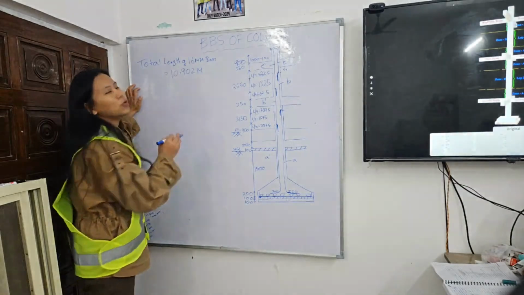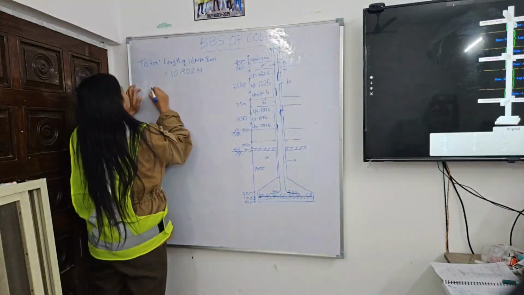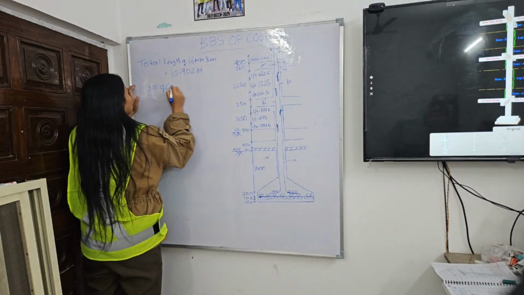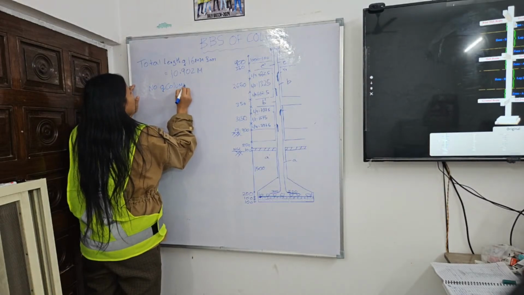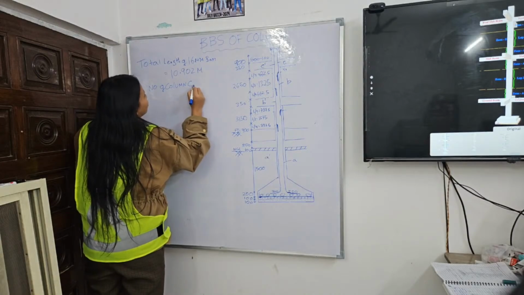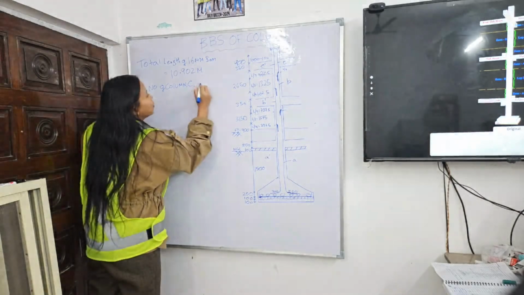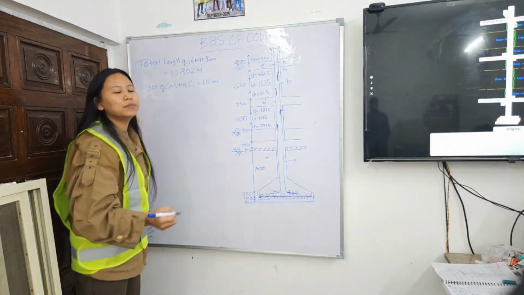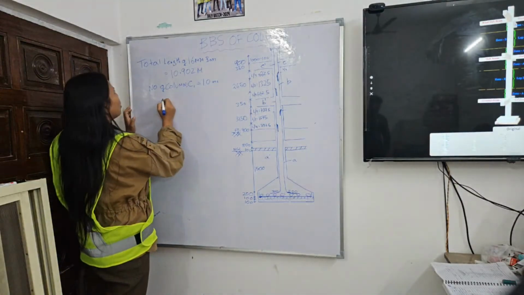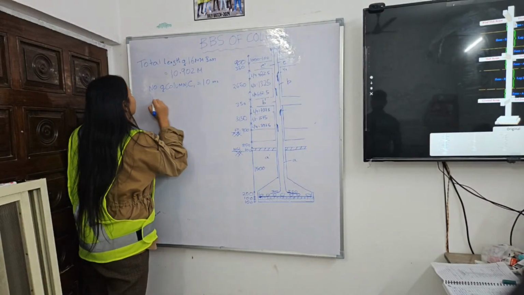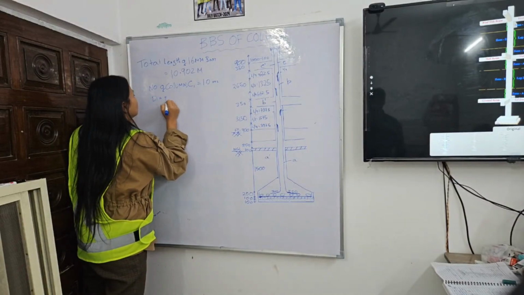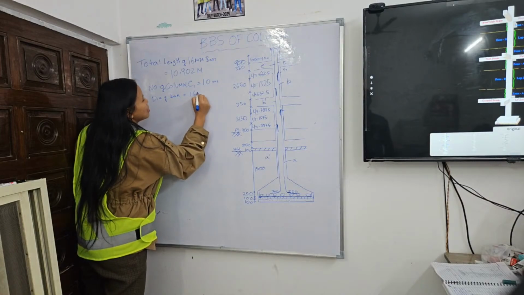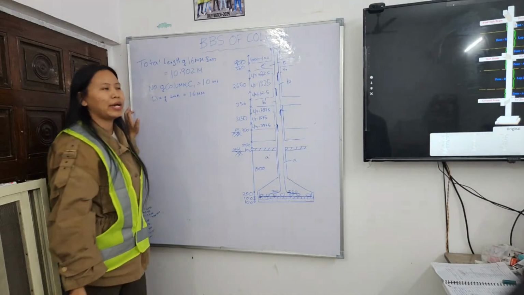I'll call it C1, which will be 10 numbers, 10 rows of column I have, and the dia of bar I have is 16 mm, right?